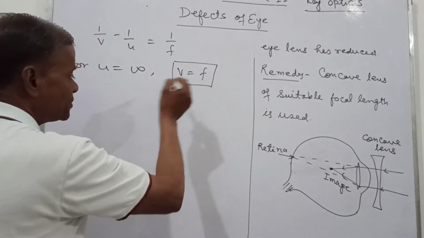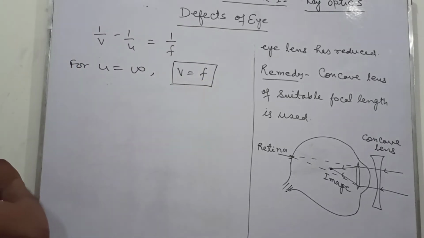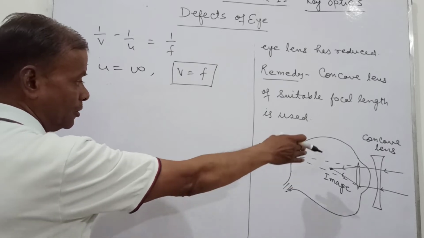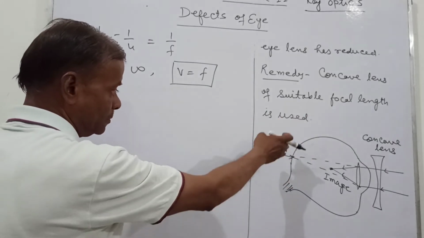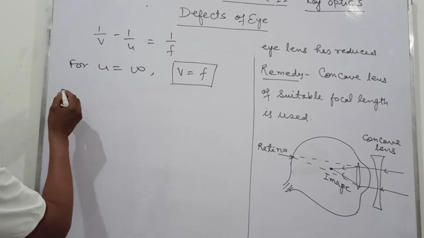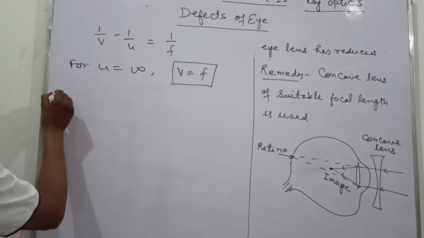So this decides the focal length of the lens. This much focal length should be used for this lens, so that the image is formed on the retina.